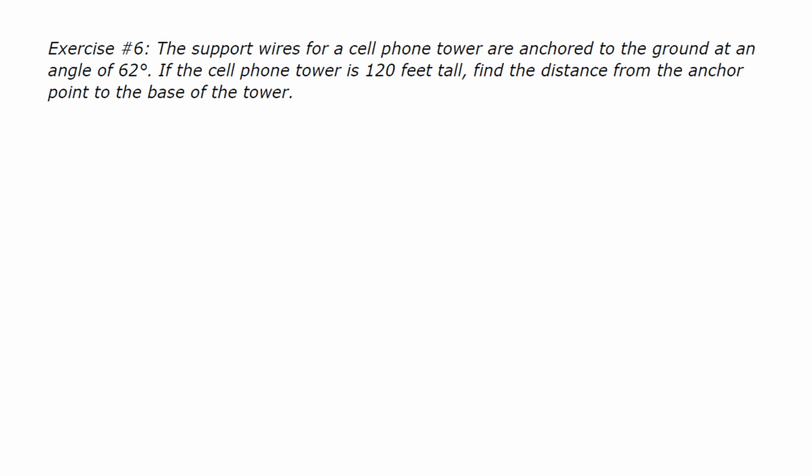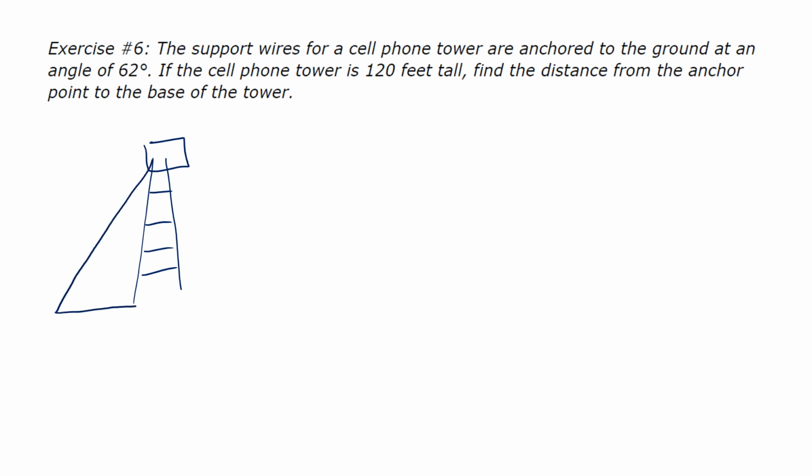So we have a cell phone tower, and they're something like this, I think. Let's just say this is a cell phone tower. And the support wire is anchored to the ground at an angle of 62 degrees. So the support wire is anchored to the ground.